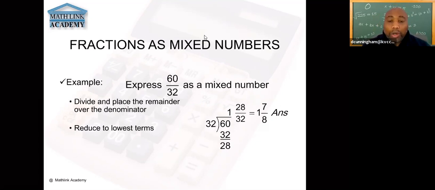And so you always want to reduce to the lowest terms. And so our final answer would be 1 and 7/8, where 1 is your whole number and 7/8 is your fraction. And again, always reduce your fraction to the lowest term if possible.